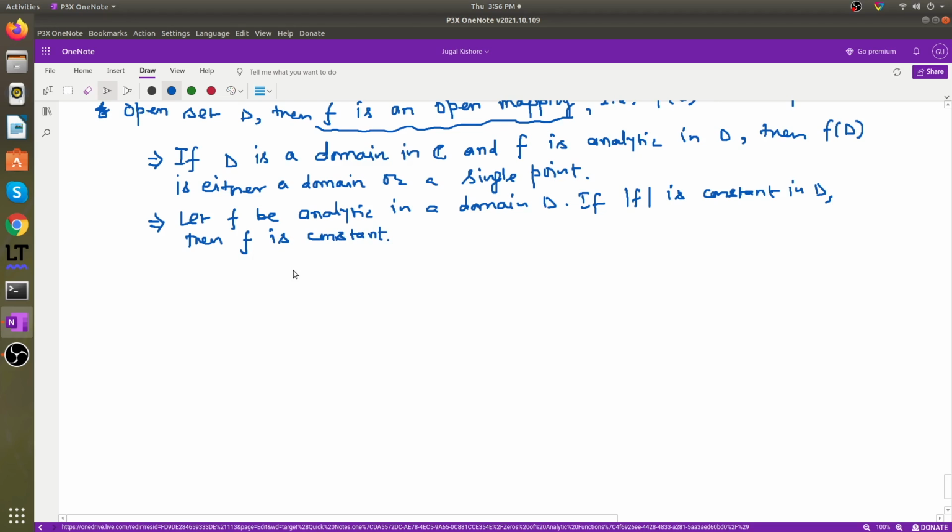So this is the problem, and we are interested to see the solution of this problem by the open mapping theorem.